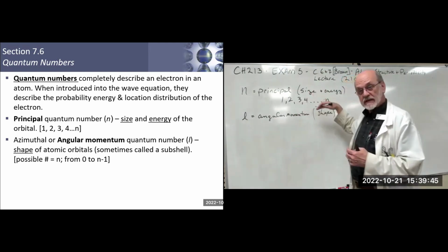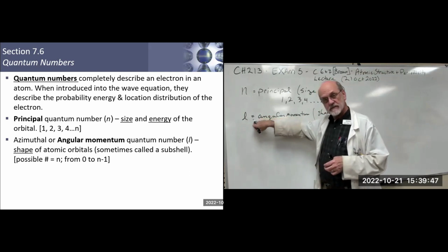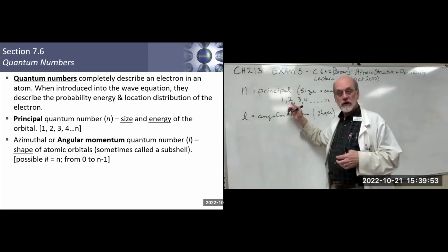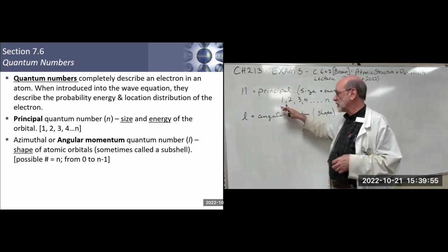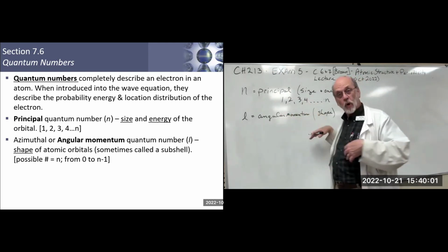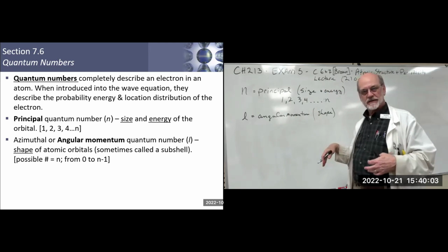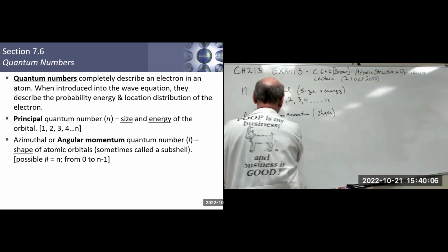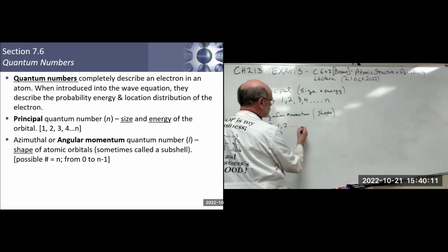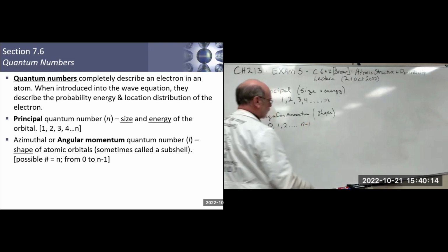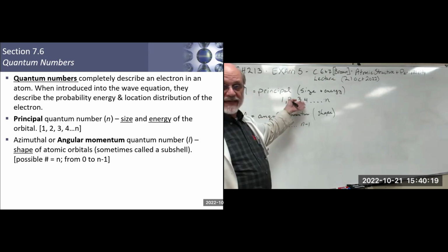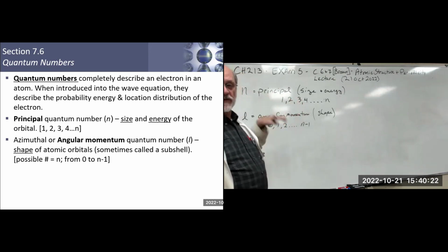Now, as we proceed, the available numbers here are based upon where you started. If you start with 1, you're limited. If you start with 2, you have a few more options. Start with 3, you have even more options. So they're kind of nested. They start with 0, 1, 2, on up to n minus 1. So say, for example, we have n equals 3. What are the possibilities for L?